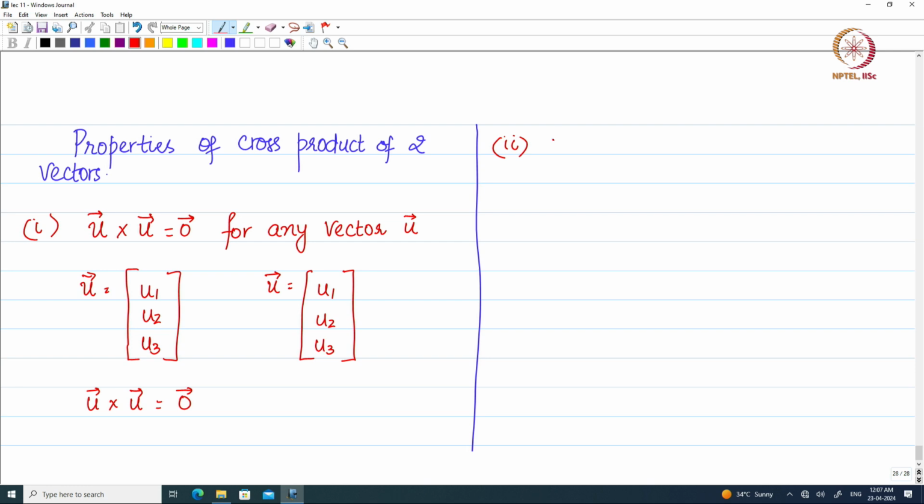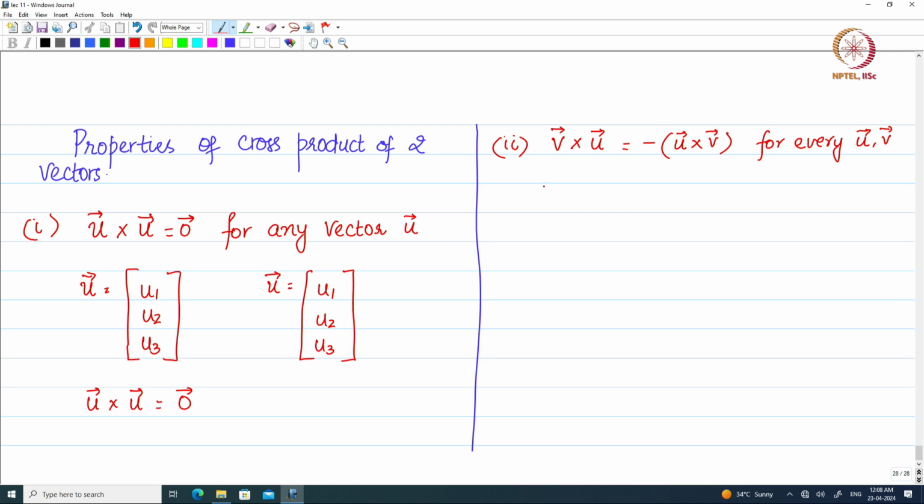The second property that we have is, if you take two vectors v and u, v cross u is the negative of u cross v for every u, v.